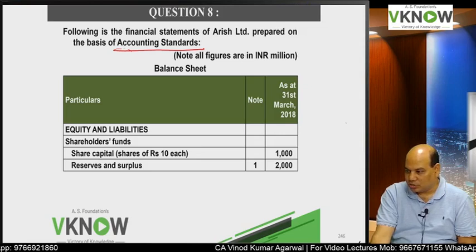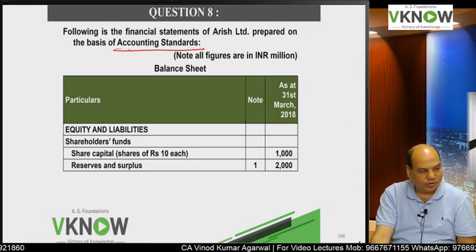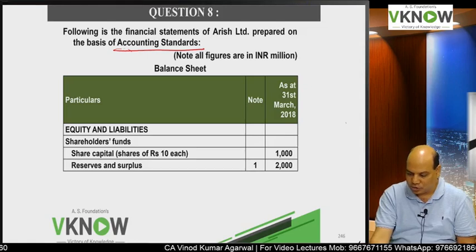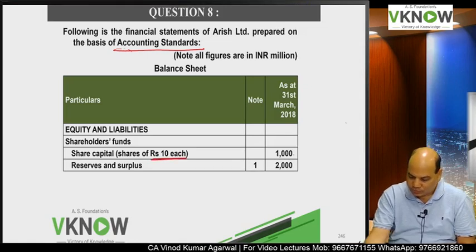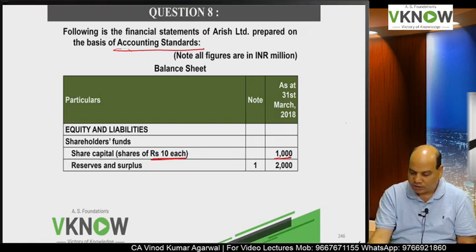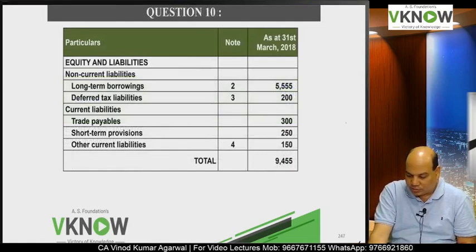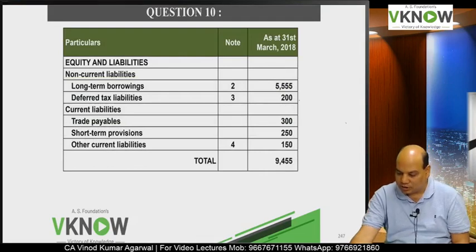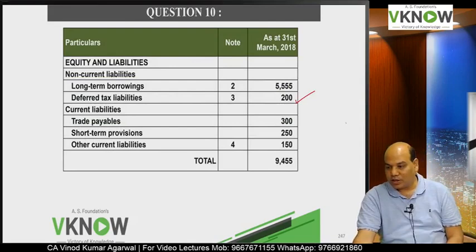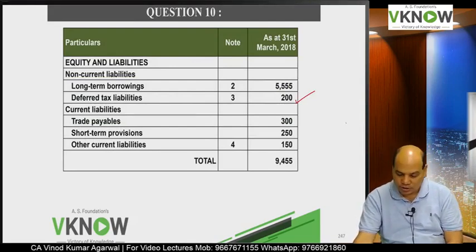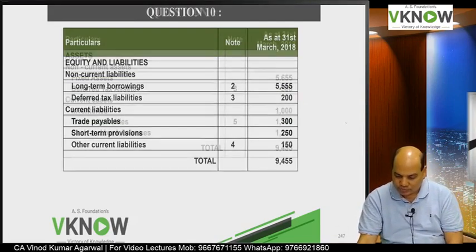Balance sheet as on 31st March 2018, equity and liabilities: share capital, shares of rupees 10 each. So 1000 means 100 lakh shares. Reserve and surplus, note 1; non-current liabilities: long-term borrowing, deferred tax liability, tick mark; current liabilities: trade payable, short-term provision, other current liabilities. Same problem.